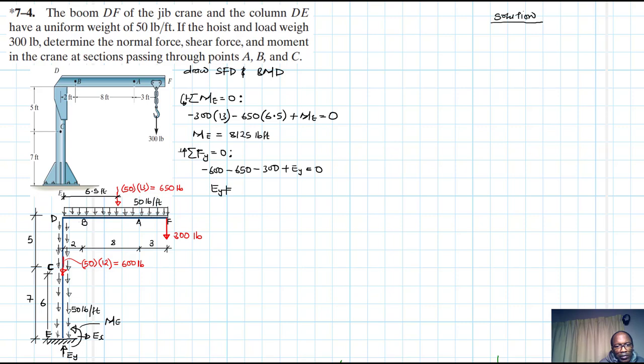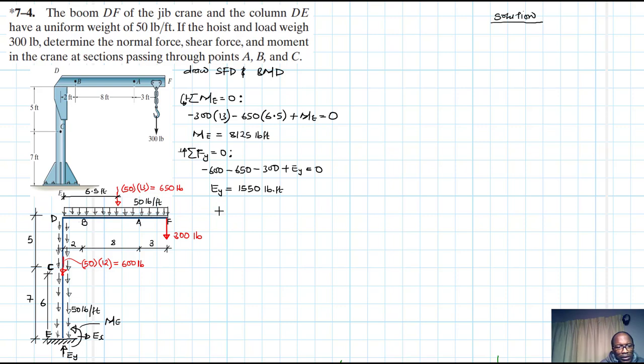Therefore, our EY will give us, what do we have? Minus 600 minus 650 minus 300. Alright, so this gives us 1550 pounds feet.